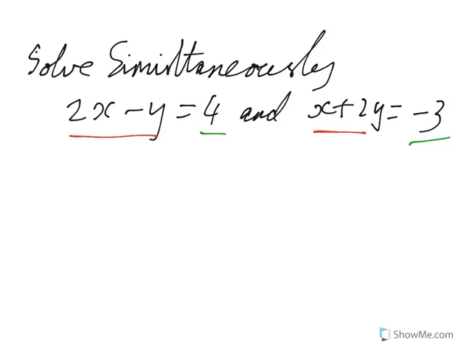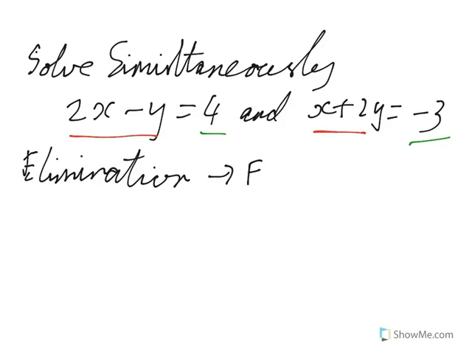So when we solve these, what we're going to use is what's called elimination. As it suggests, we want to eliminate one of the variables, either x or y.